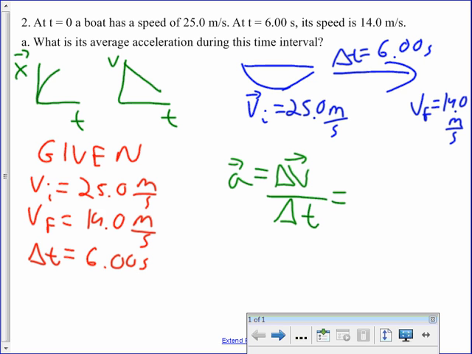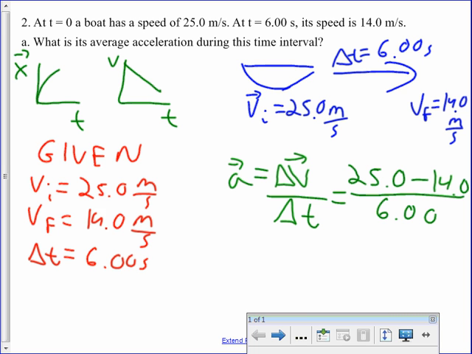My acceleration is going to be equal to 25.0 minus 14.0 over my change in time, which is 6.00 seconds. Now, I did what I did on purpose because it's actually the opposite way in which you need to do it.